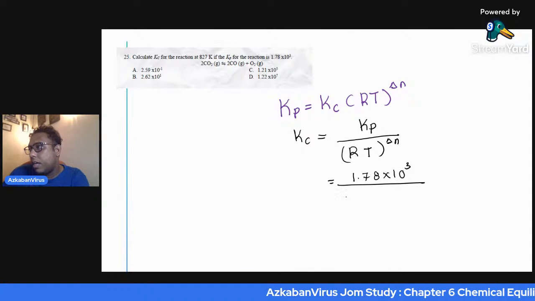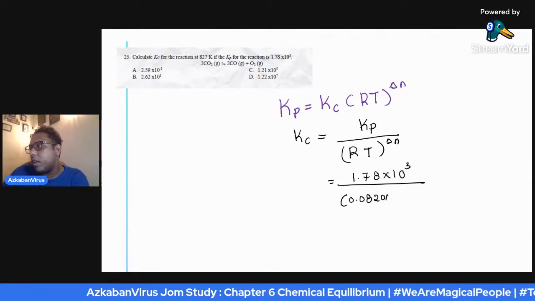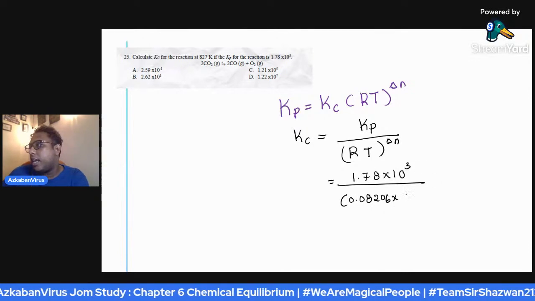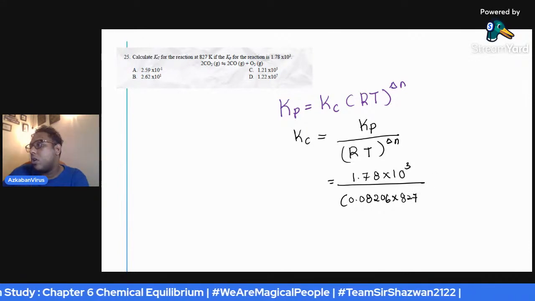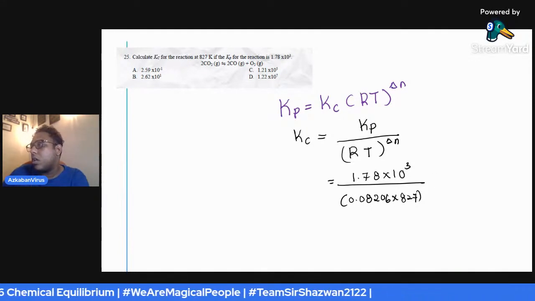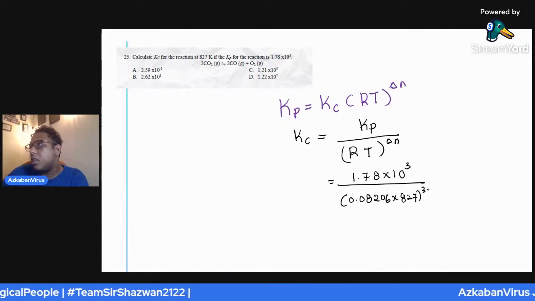Bahagi dengan R kita adalah 0.08206 darab dengan T kita adalah 827 and delta N kita adalah 3/2 itu positif 1.